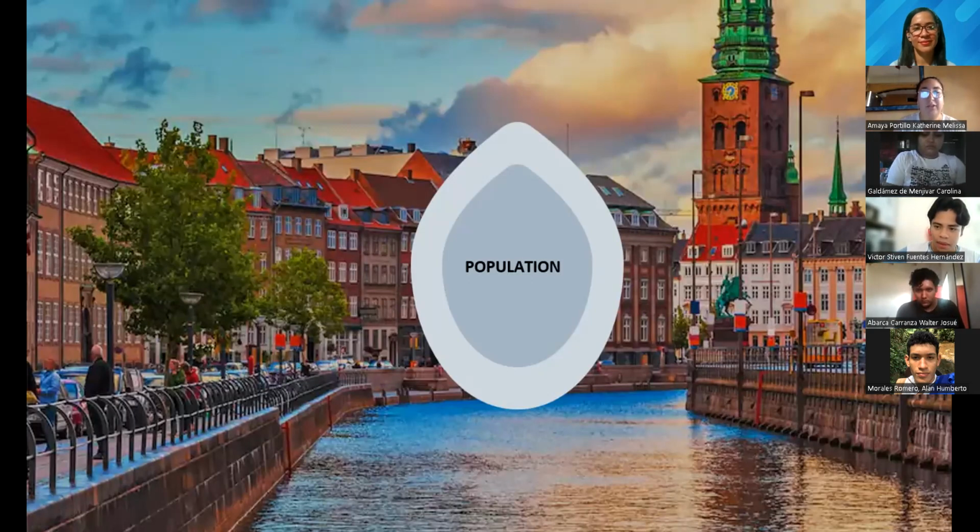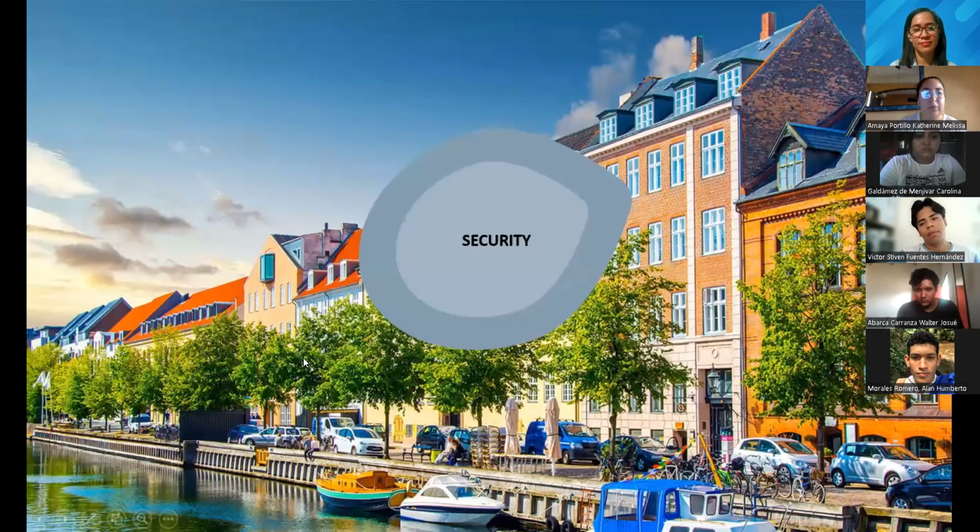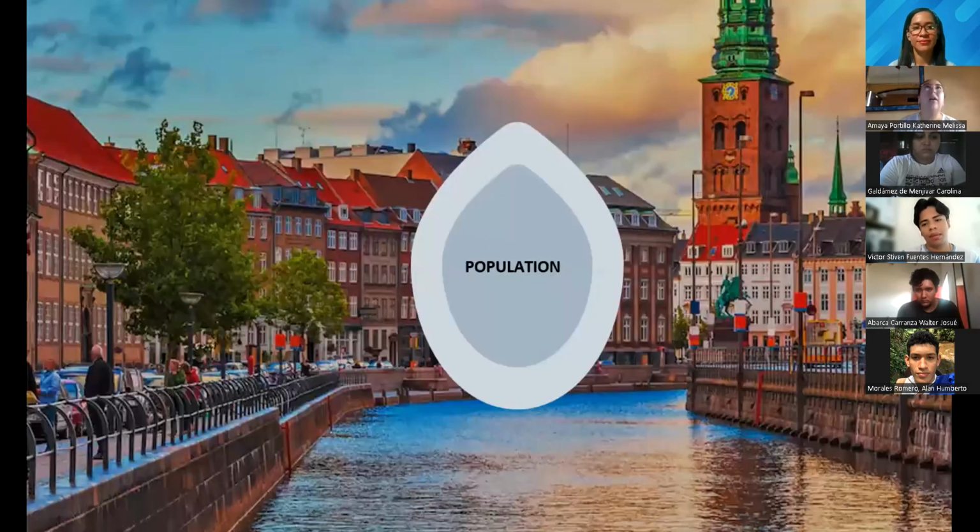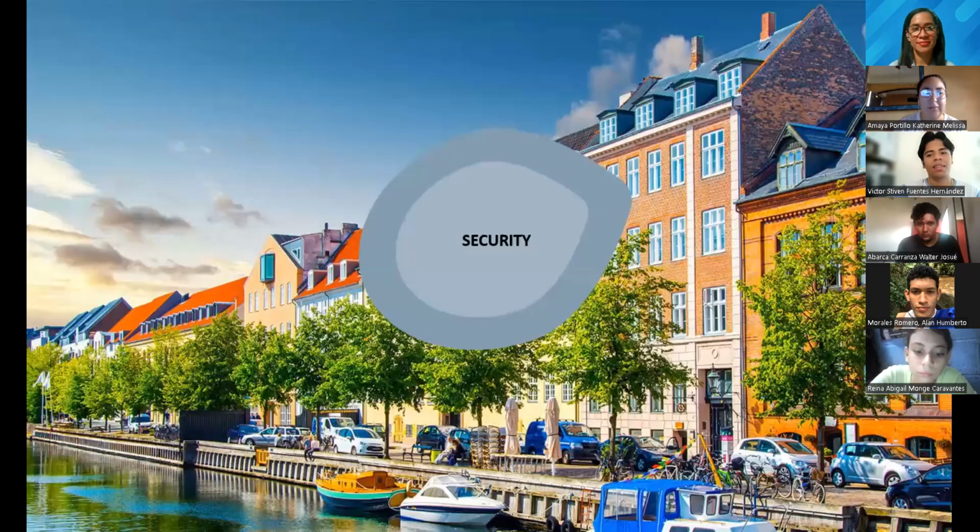A lot of foreigners visit Denmark in a year because it's pretty beautiful and safe and maybe quiet. Can you pass the security?